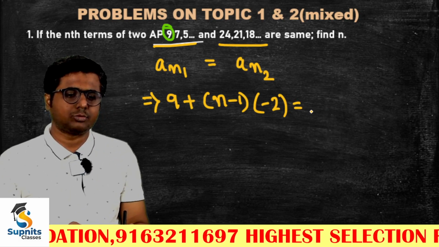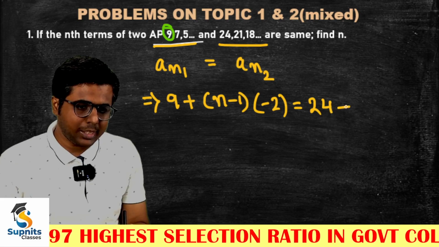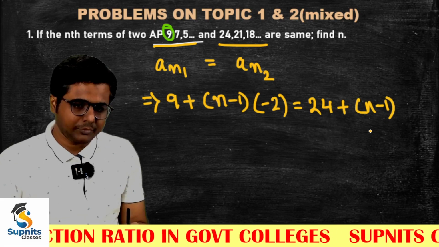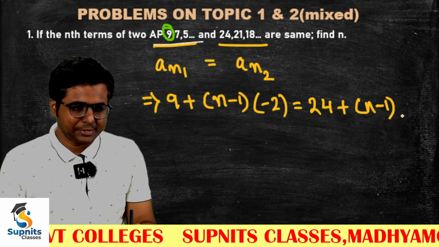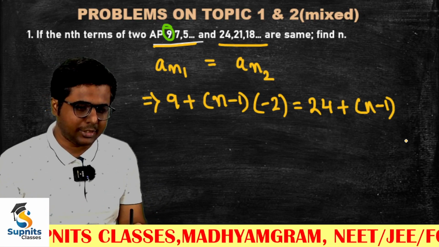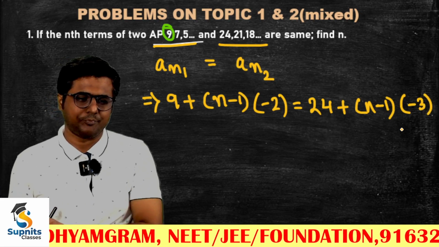What about the next one? The first term is 24, plus n minus 1, slow and steady, we will win the race. 21 minus 24 is nothing but minus 3.